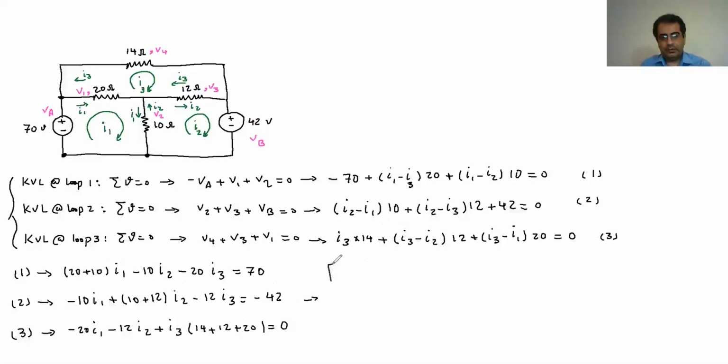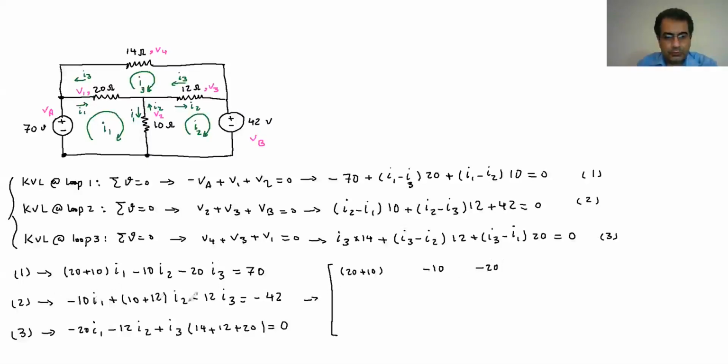So the coefficient matrix is just the coefficient of I1, I2, and I3 for each row. So for the first row, the coefficient of I1 is 20 plus 10. The coefficient of I2 is negative 10. And the coefficient of I3 is negative 20.